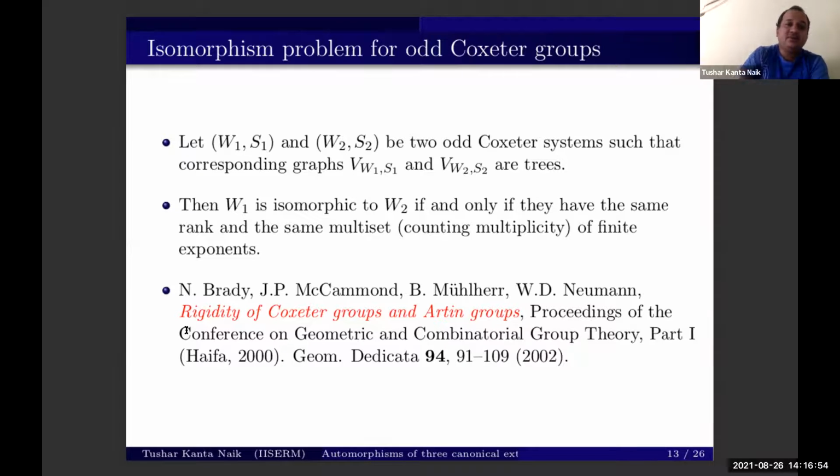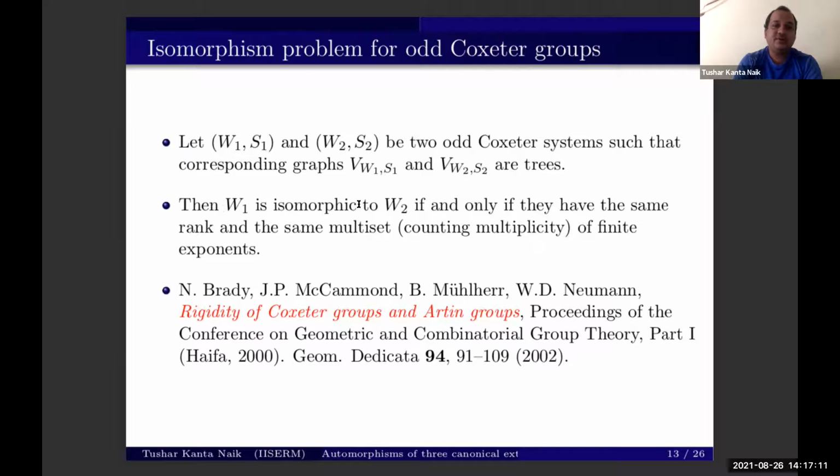So given two odd Coxeter systems (W1, S1) and (W2, S2), if their corresponding graphs Γ(W1, S1) and Γ(W2, S2) are trees, then we know what the isomorphism between W1 and W2 is.